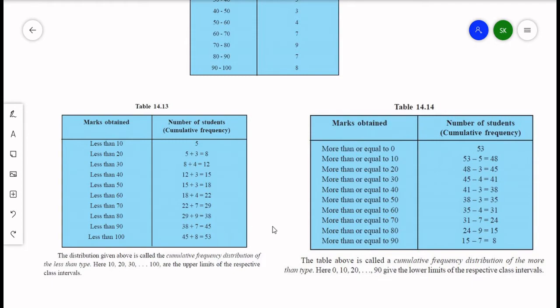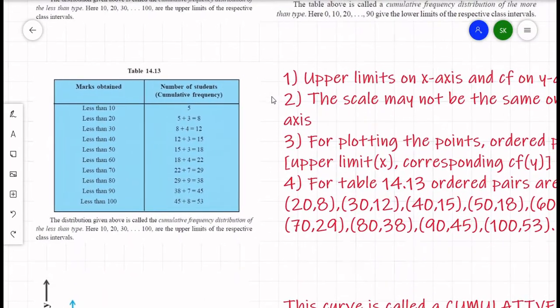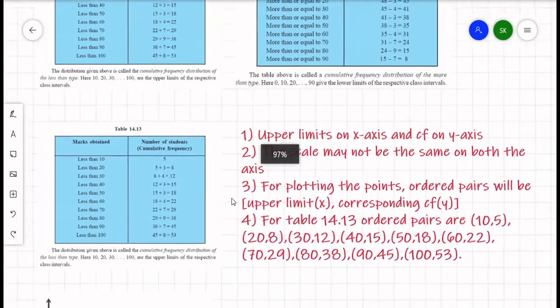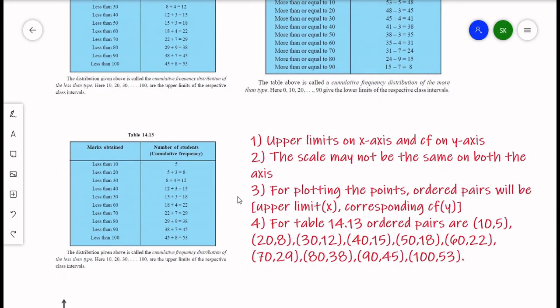So let's discuss first how to represent this less than type graphically. We know how to use the formula to find the median. Let's understand how to find the median when we plot these less than and more than CFs on a graph.